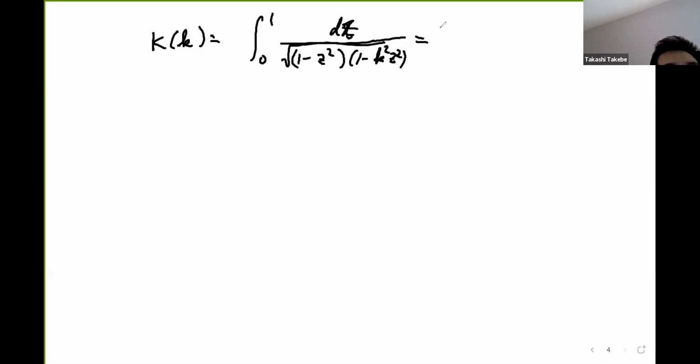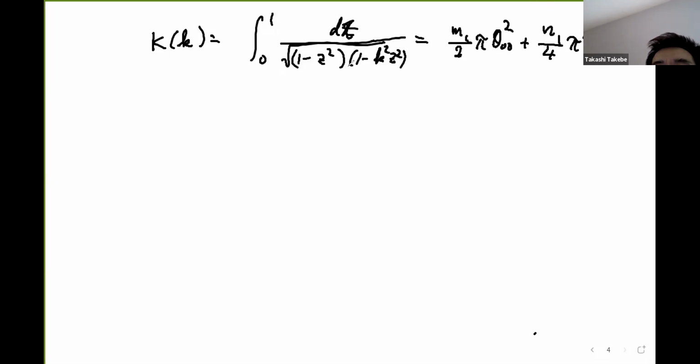It's equal to this, which was what we obtained by some rough argument.